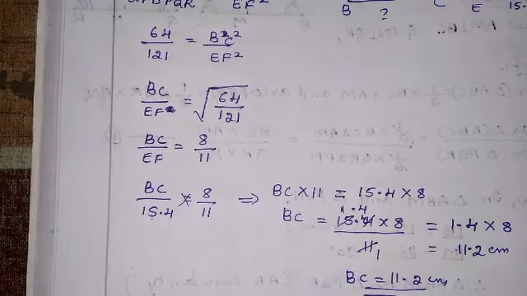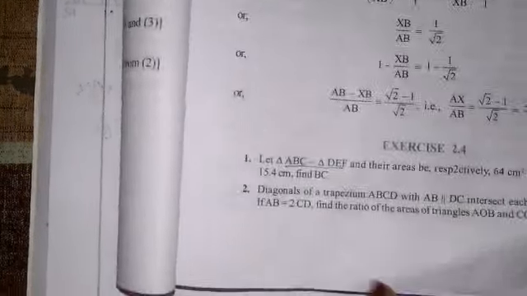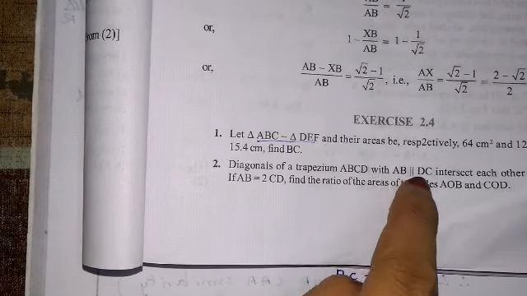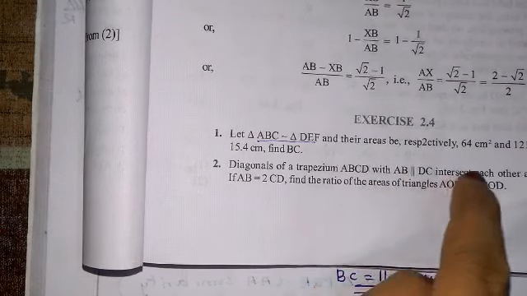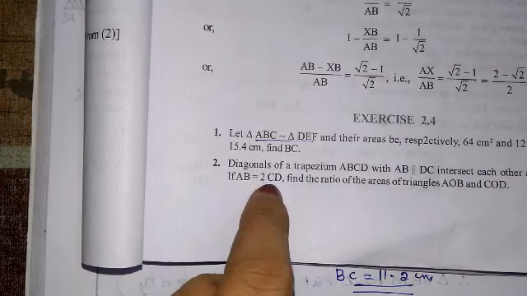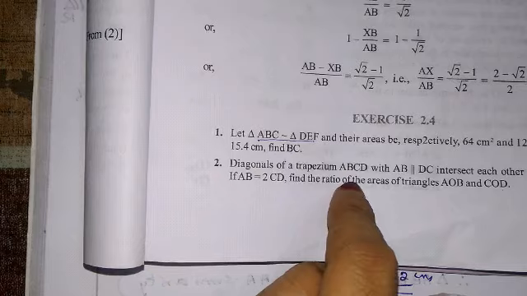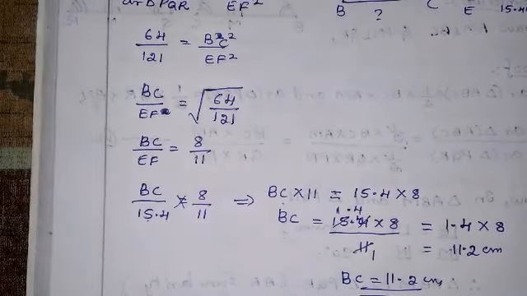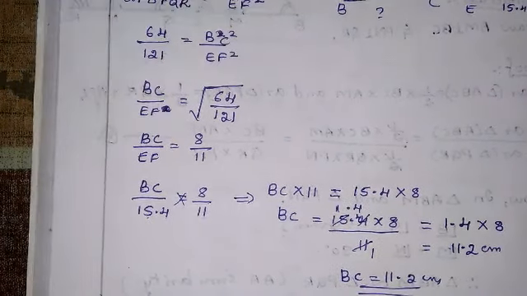Okay. Now the next question is: diagonals of trapezium ABCD with AB parallel to DC intersect each other at the point O. If AB is equal to 2CD, find the ratio of the area of triangle AOB and COD. Okay. Let us draw first trapezium ABCD.